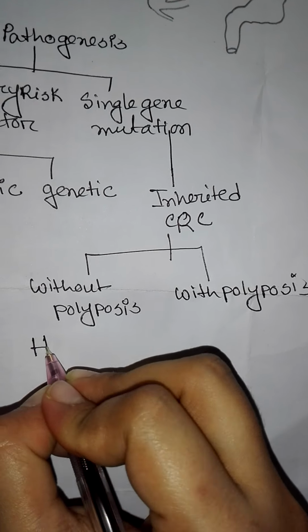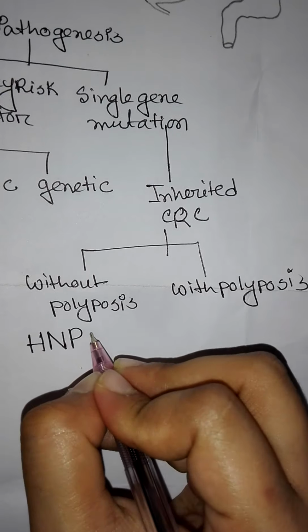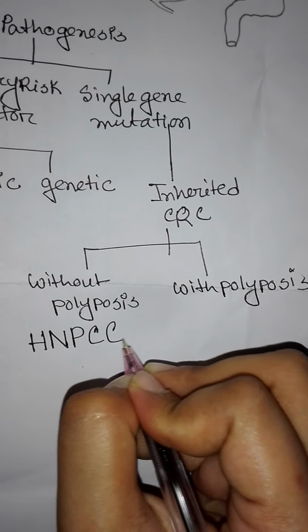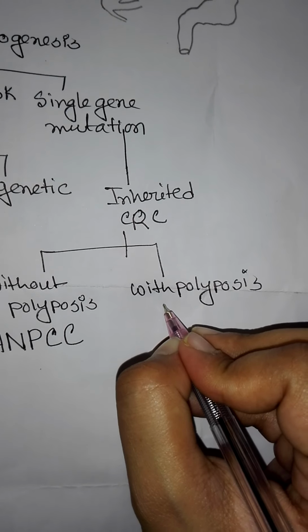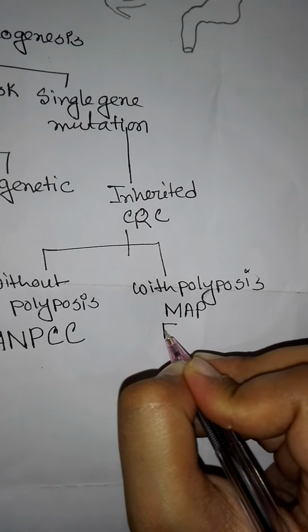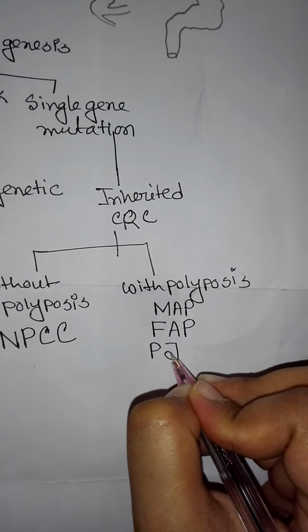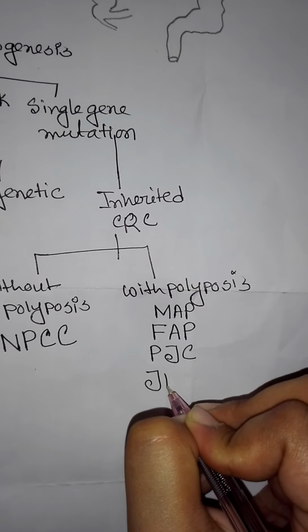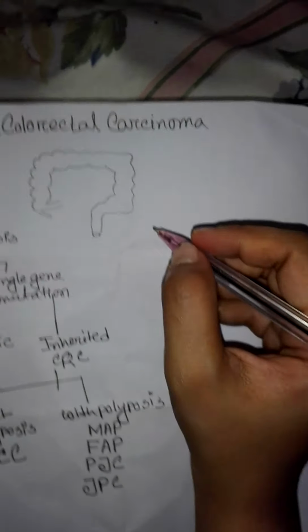H for hereditary, N for non, P for polyposis, colorectal carcinoma. With polyposis there is MAP, familial adenomatous polyposis, PJC.